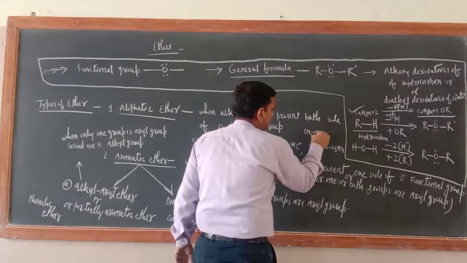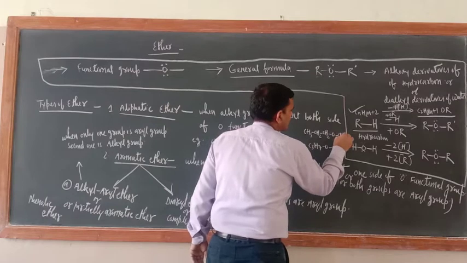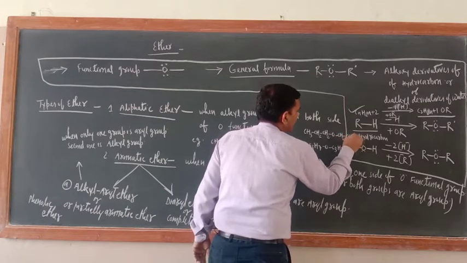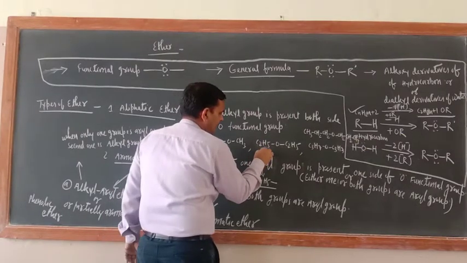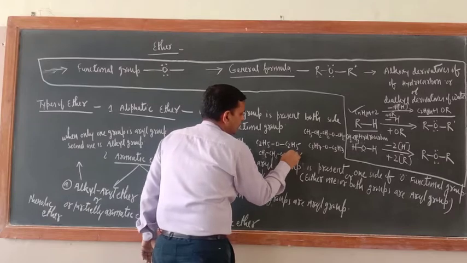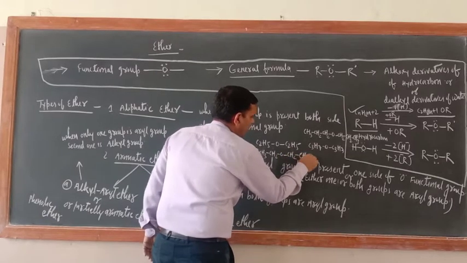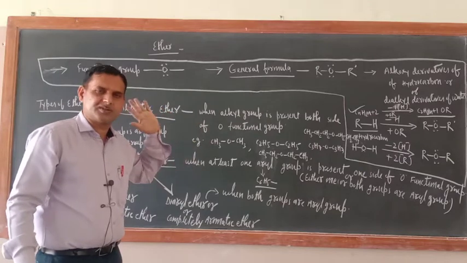This can be written like that also. CH3, CH2, CH2O, CH2, and here CH3. Similarly, this can also be written CH3, CH2O, CH2, CH3. Now I would like to suggest you, whenever C2H5 is there, you should write CH3, CH2.